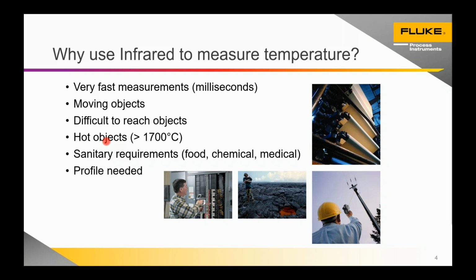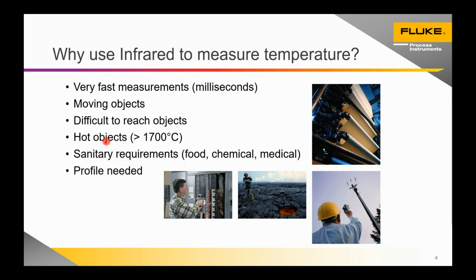We're also able to measure moving objects, which means we can measure them as they pass, or we can track them. With line scanning devices or panning motors, we can track objects so they appear static.